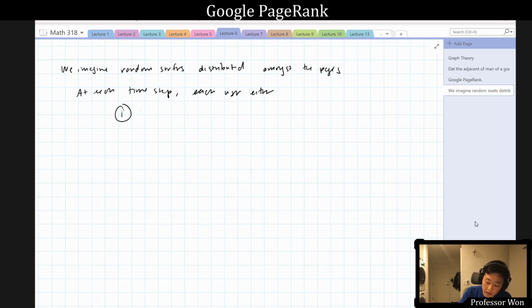Either 1, follows a link, a random link on the page, with equal probability for each link, or 2, teleports to a random page.